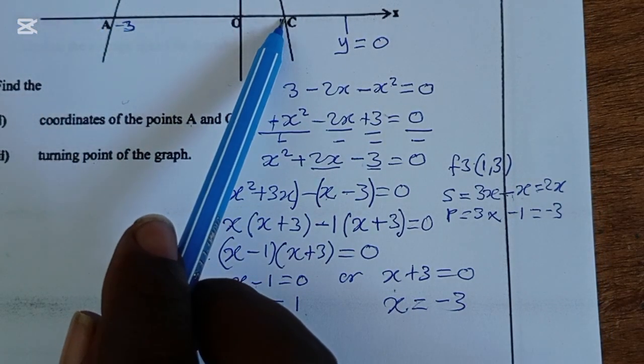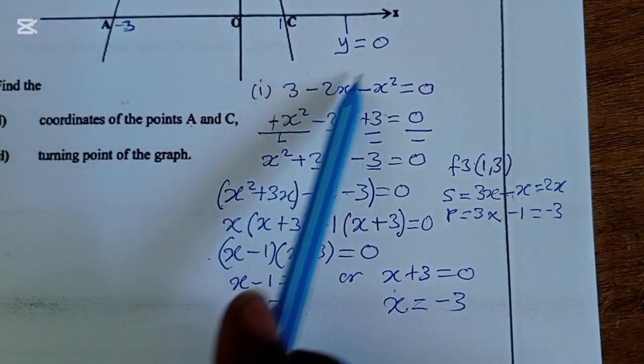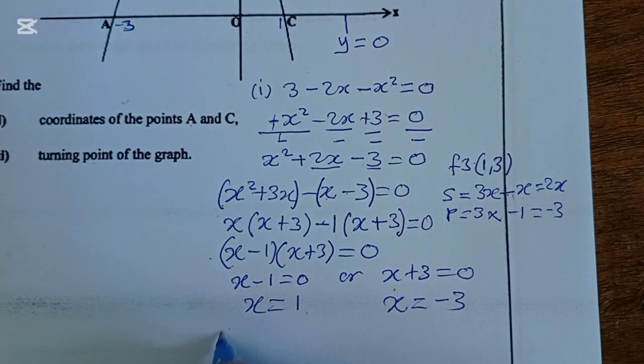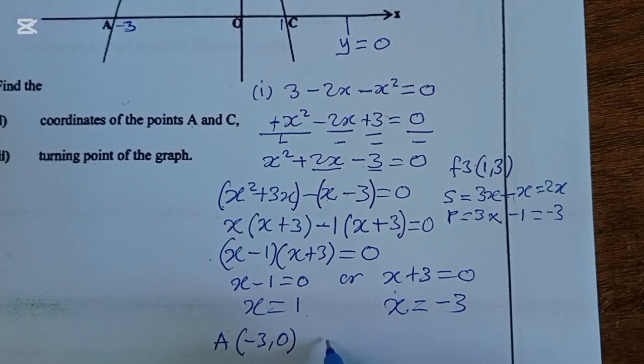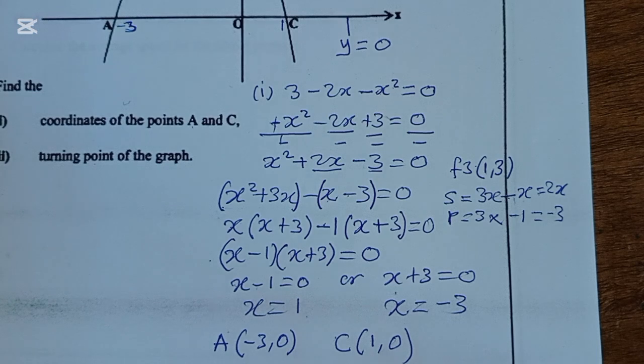This is 1, 0. On this line, the x-axis, y is 0. Remember that a coordinate is x, y. So x is negative 3, y is 0. So for A, it will be negative 3, 0. Then for C, it will be 1, 0. So these are the two coordinates that we have.